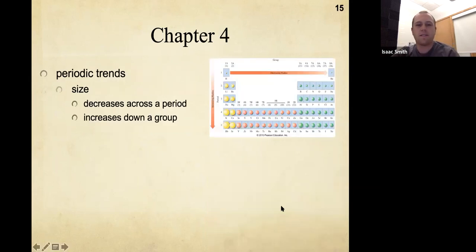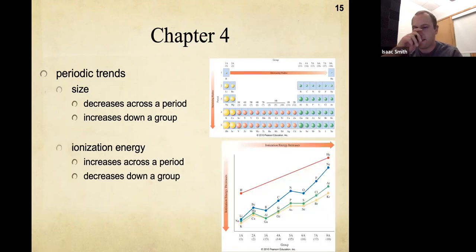All right, now trends. Size we talked about. The atoms get smaller as you move to the right and up. If you want to look up the reasons for that, that was in the lecture that we talked about. Ionization energy generally goes up as you move right across the periodic table. And then just know the two exceptions, right?